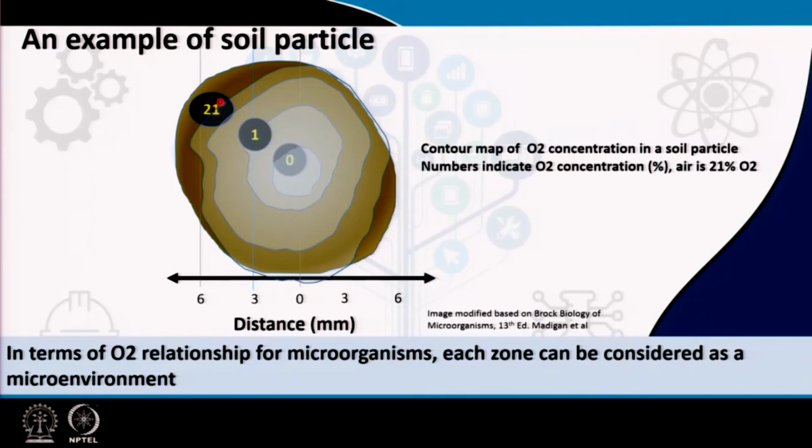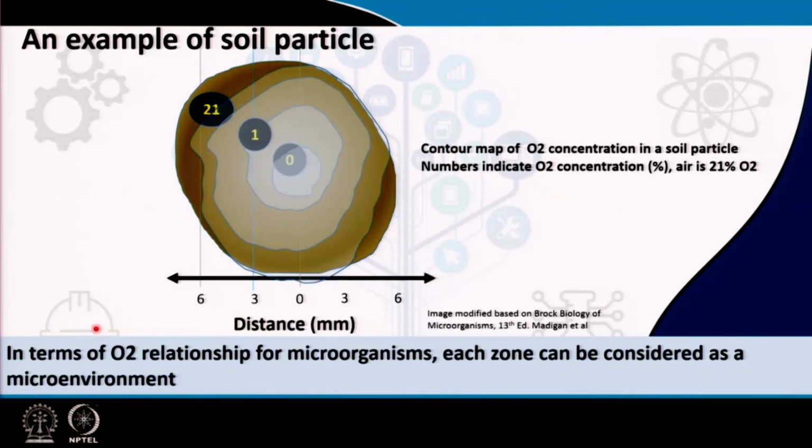But as we enter inside the soil particle, the oxygen level will be declining, and you can see that at the center of the soil particle the oxygen level will be almost 0, and it is going to represent a different zone of oxygen present within the soil particle.